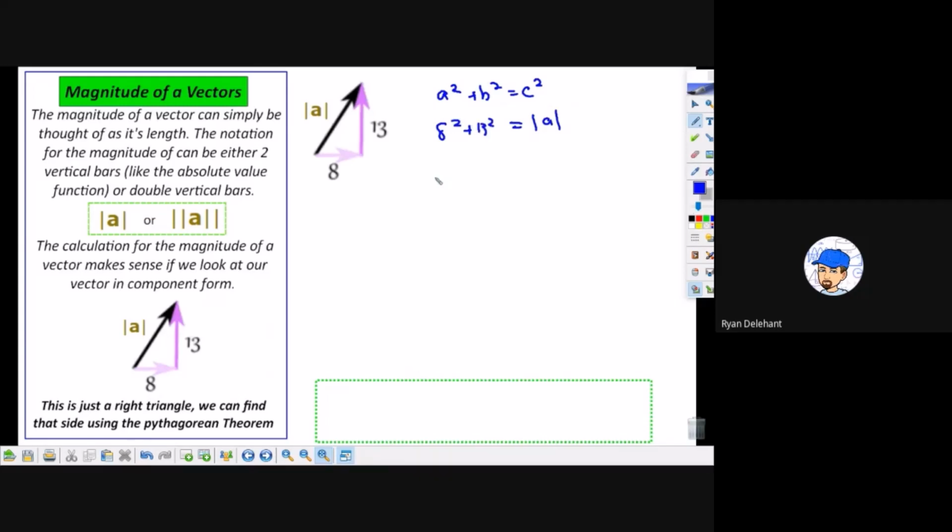What's 8 squared? 13 squared is 169, right? This is why I had my calculator out, that's on the other table over there that I can't reach. I forgot to write the squared on this, I'm sorry, because this number is still squared.